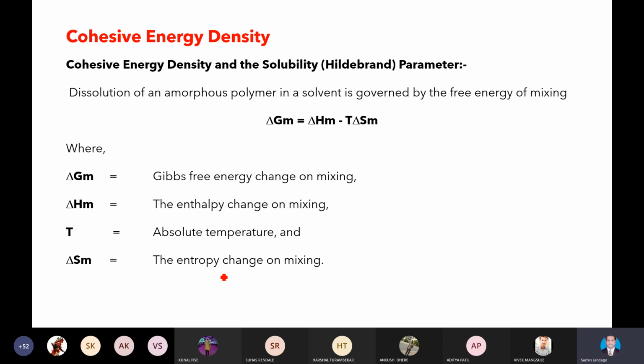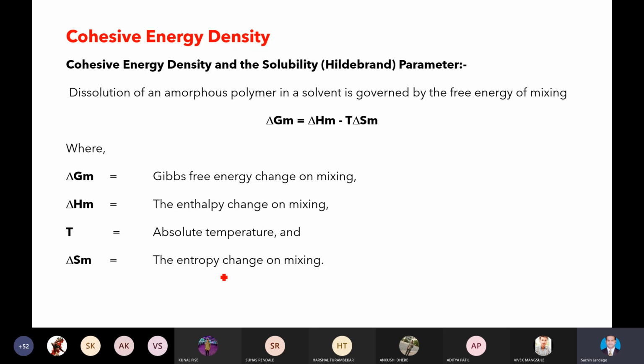Now next, what is the entropy? Entropy is the arrangement of matter, the disorder.